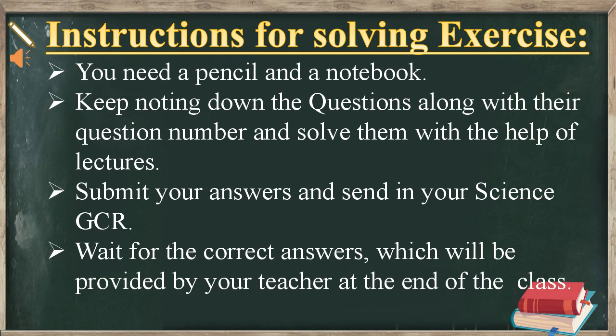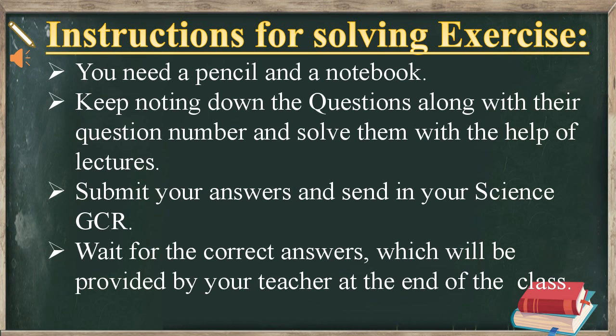Dear students, in today's lecture, we will discuss the exercise of chapter number 3, the periodic table. You must follow the given instructions for solving the exercise, which are: you need a pencil and a notebook. Keep noting down the questions, along with their question number, and solve them with the help of previous lectures.